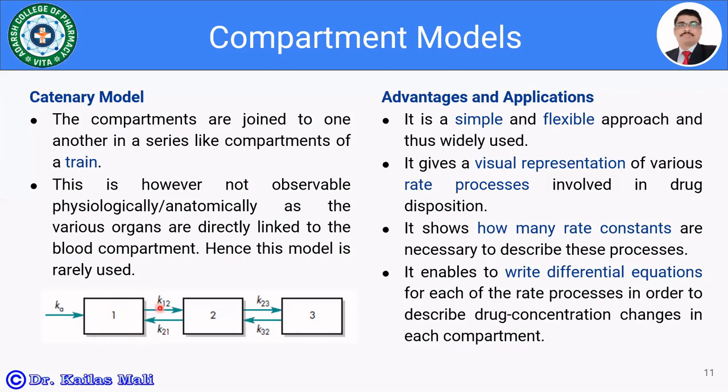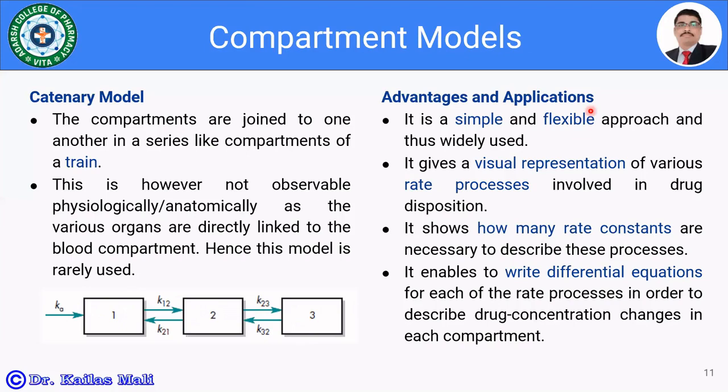And this is however not observable physiologically or anatomically, as various organs are directly linked to the blood compartment. Hence this model is not as such used, and generally we use the mammillary model to estimate the various pharmacokinetic parameters.